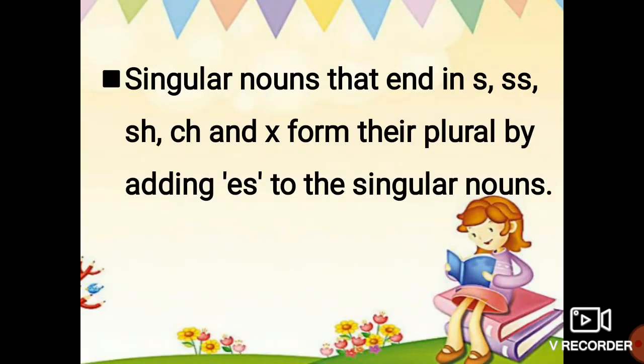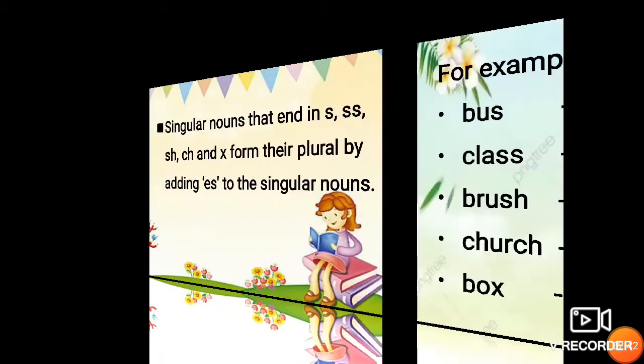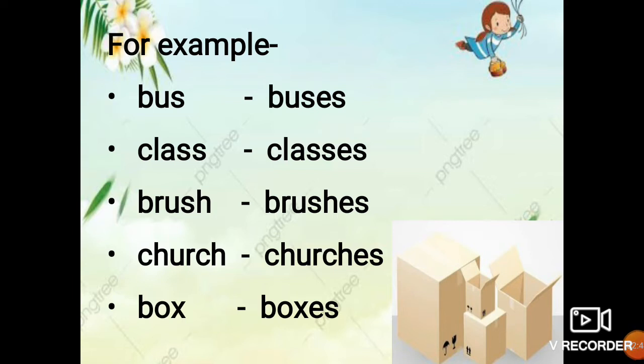Next, singular nouns that end in s, double s, sh, ch and x form their plural by adding es to the singular nouns. For example, bus becomes buses, class becomes classes, brush becomes brushes, church becomes churches, box becomes boxes.